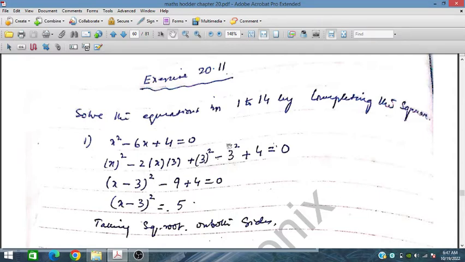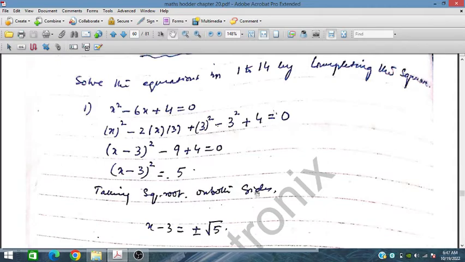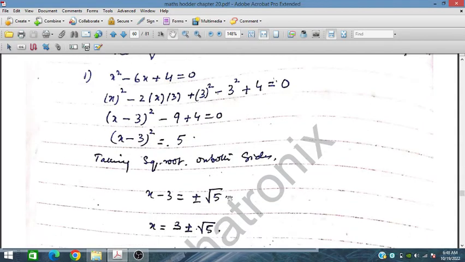So this is minus 9, and so we have x minus 3 whole square. Here we have minus 5, so this minus 5 goes to the right hand side as plus 5. Taking the square root on both sides, x minus 3 is equal to plus minus under root 5.